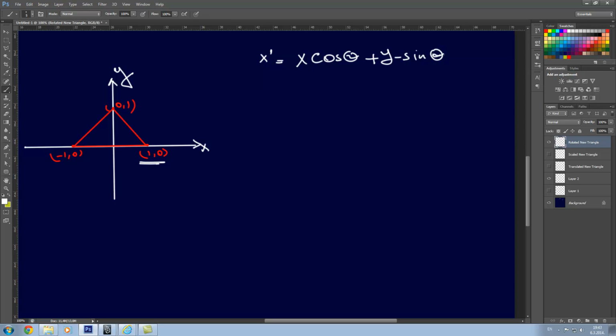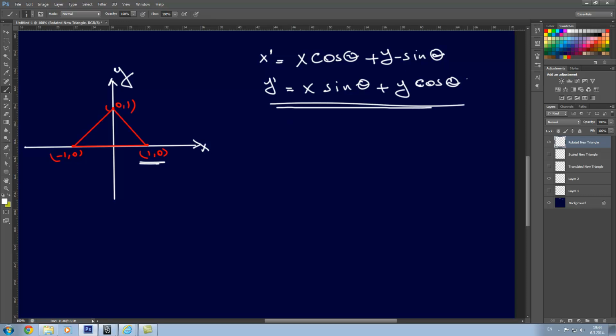And y prime equals x sine theta plus y cosine theta.